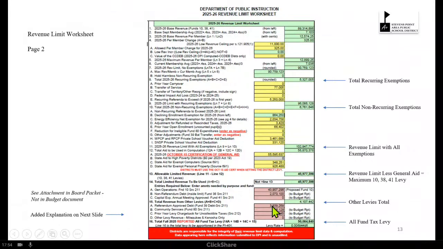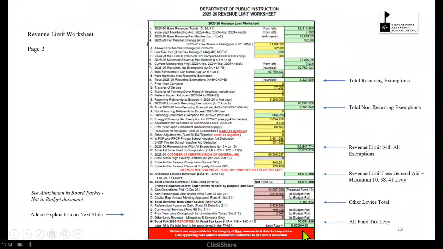We have our Fund 39 referendum approved debt levy. And again, that's lower than what it would have been because we used some interest. We have our community service fund levy, again, also lower because we used some fund balance there. And then we have our prior year chargebacks. And so that gives us a total levy of $50,084,840. That's even getting small for me to read.